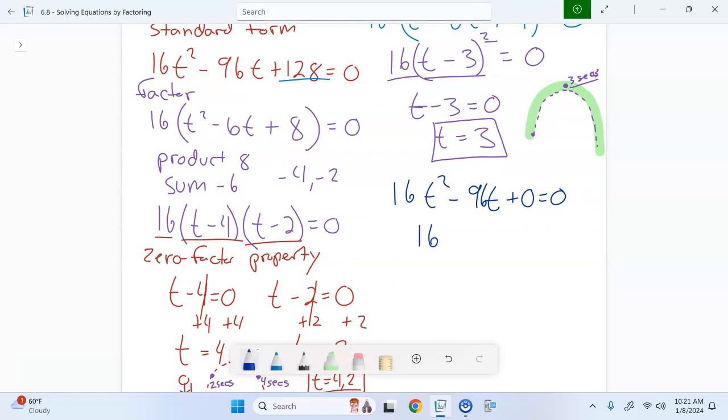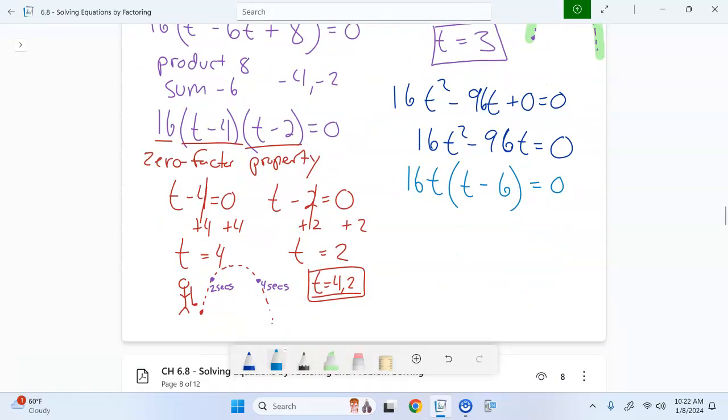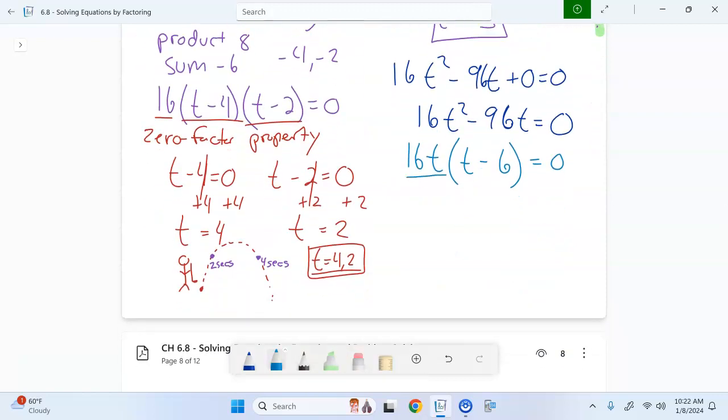And so we can actually factor this a little bit more simply. We can get rid of that constant, we don't need it. And we can factor out our GCF again, but this time our GCF isn't going to be just 16, it's going to be 16t. And that's going to leave us with t minus 6. And so then we have two factors. We have 16t equals 0 and t minus 6 equals 0.